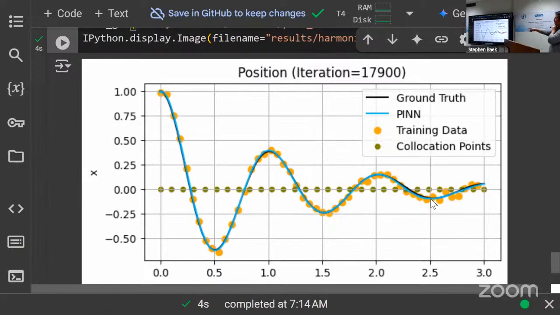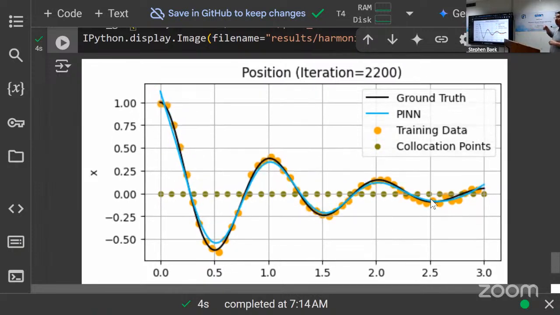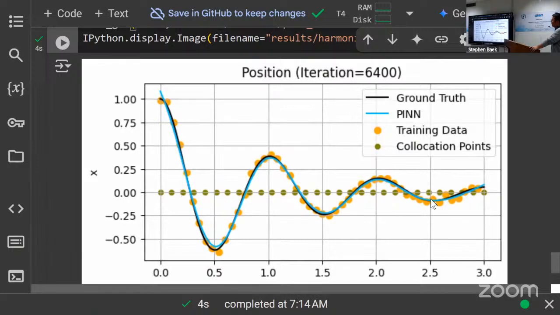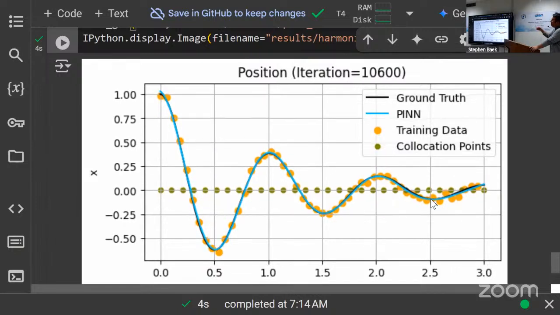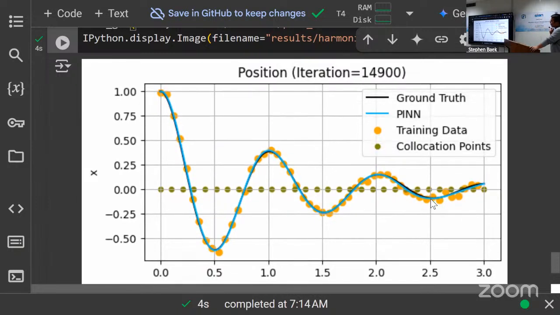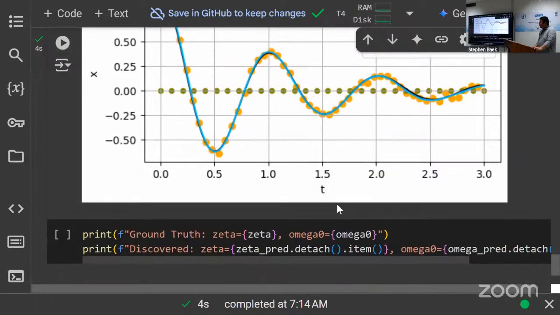For this one, it converges slightly faster than the usual PINN. Almost from the get-go, you can see that the predicted curve is pretty well aligned with the ground truth. That's because we have lots of training data all across time.